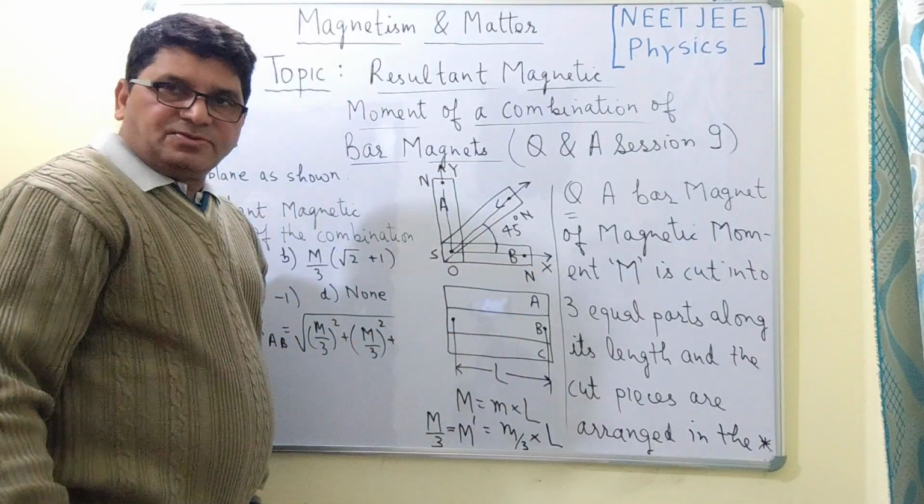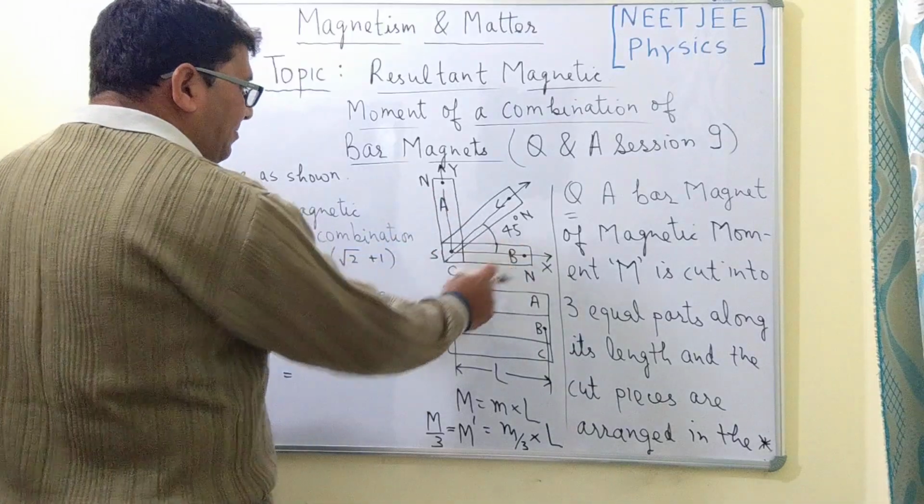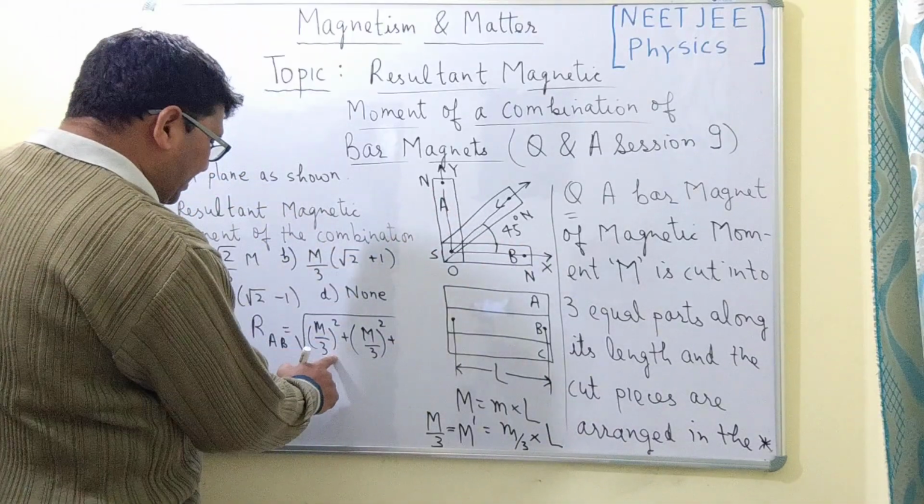So cos 90 will be equal to 0. So the resultant magnetic moment because of the bar magnets A and B will be equal to under root m square by 9 plus m square by 9.